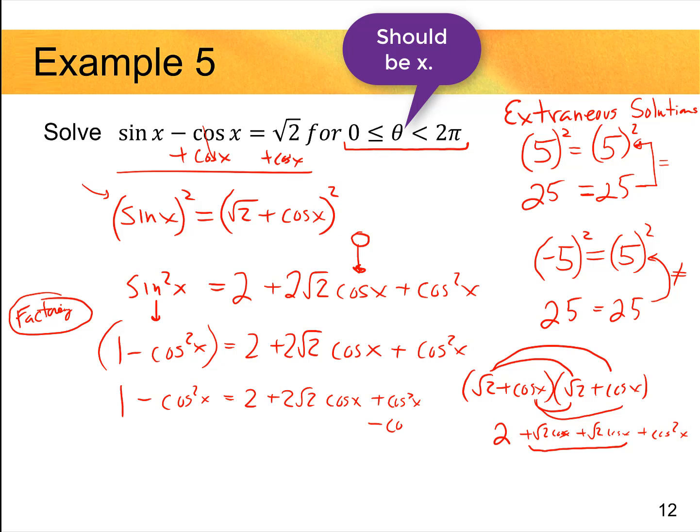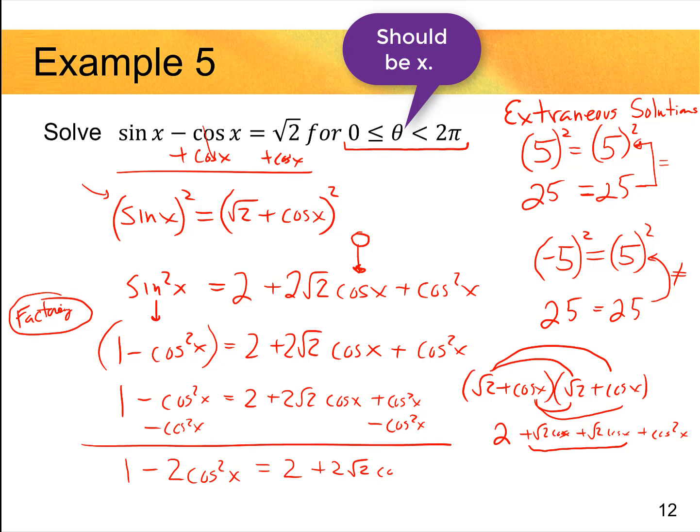So minus cosine squared x gets me, and then you could do it all in one step if you like. You can subtract 2 if you like. I'm going to do it in a single step so we can see it. I'm still left with this stuff on the right hand side. All right, let's see what else.